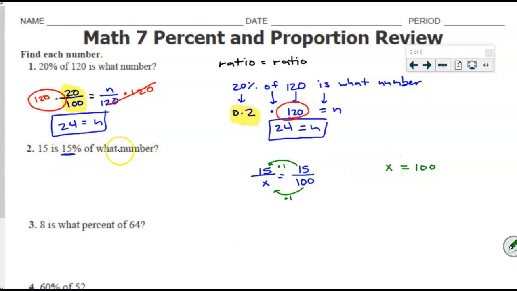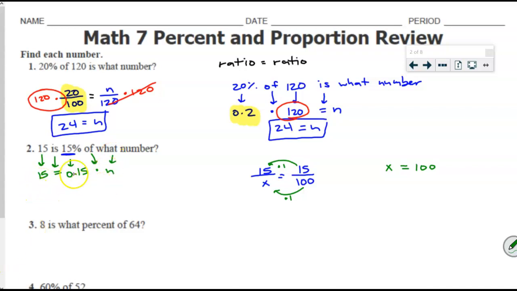Now, how can I do it this way with that direct interpretation? 15 is the number. Is, that would be an equal sign, just like it was up here. Is the equal sign. Is 15%, change that to the decimal. Of means to multiply. What number? That's what we're asking.